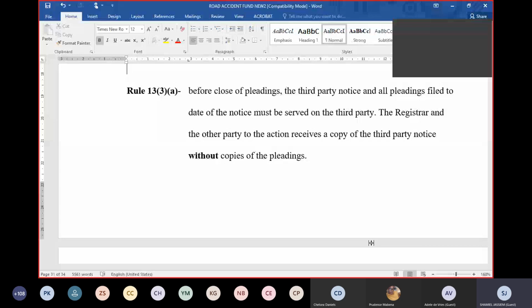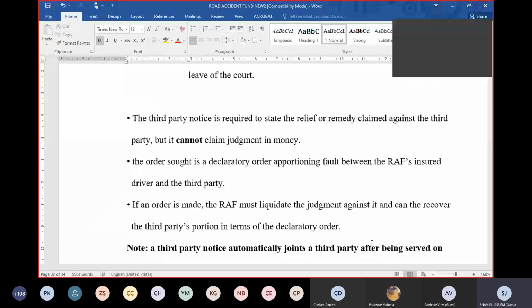Listen carefully, if you are joined as a defendant, judgment may be granted against you. So if you are joined to proceedings as a defendant, judgment sounding in money may be granted against you. So the court may make those two competent orders that I referred to earlier on.